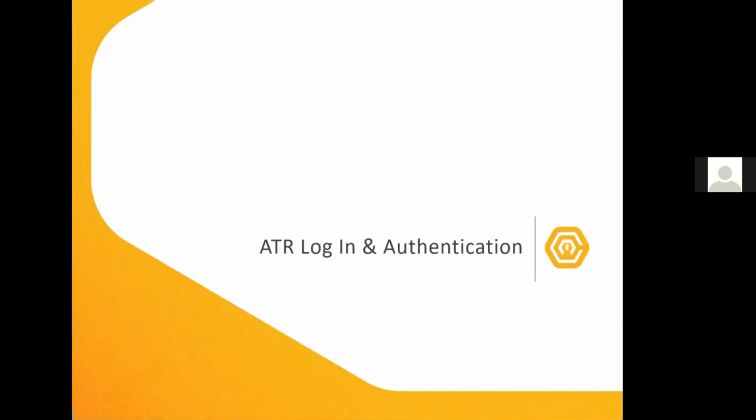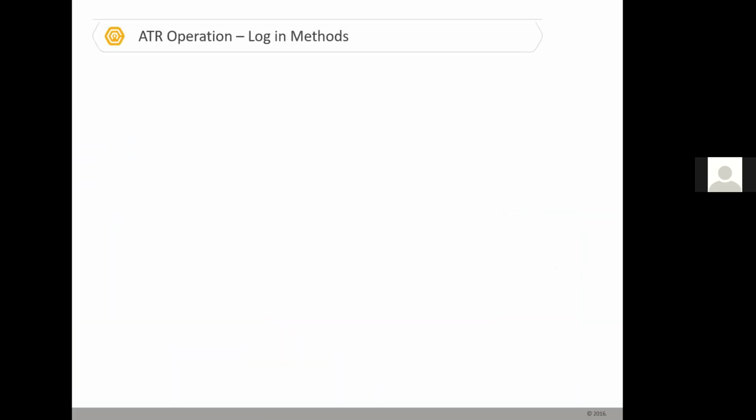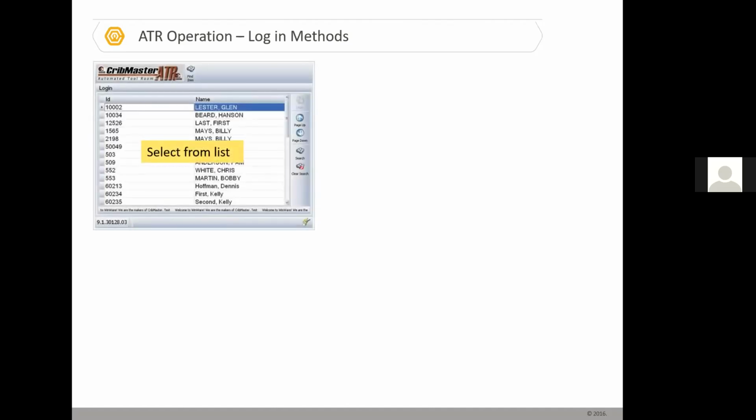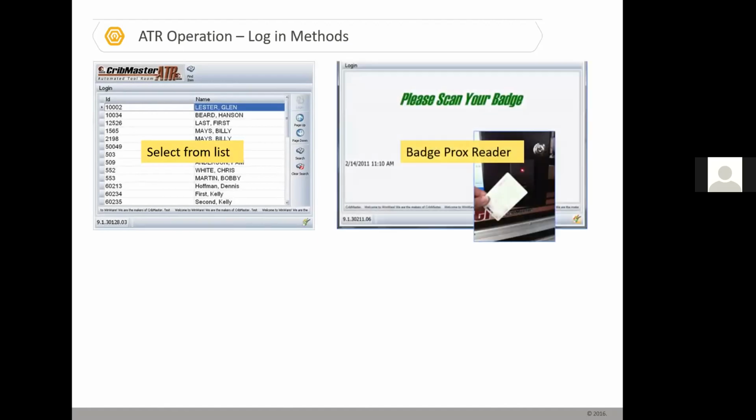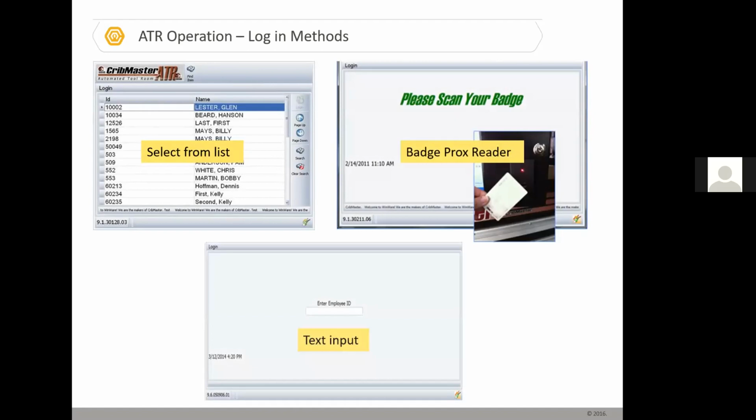Let us go to the ATR login and authentication, how people might log in. There are different methods that we are currently using, and we are exploring more to come. For the time being, a user can select from a list, a user can scan a badge with a badge reader, or a user can input text in order to log into this interface.